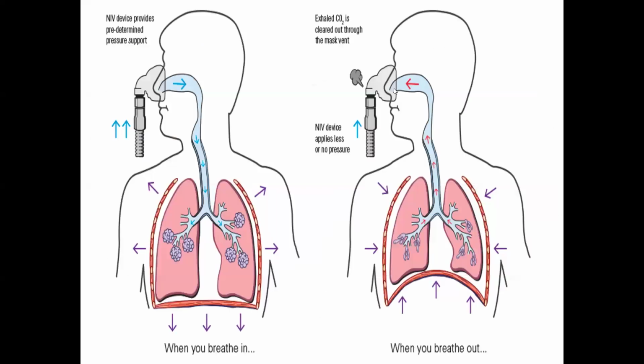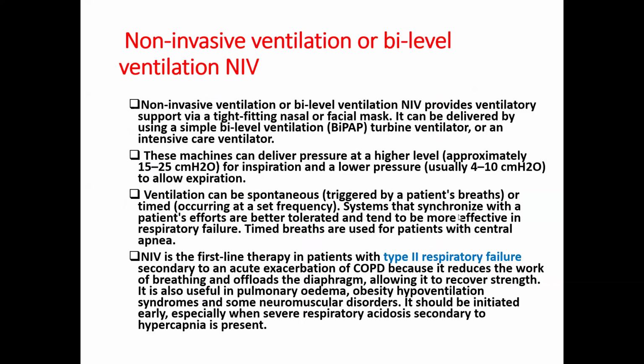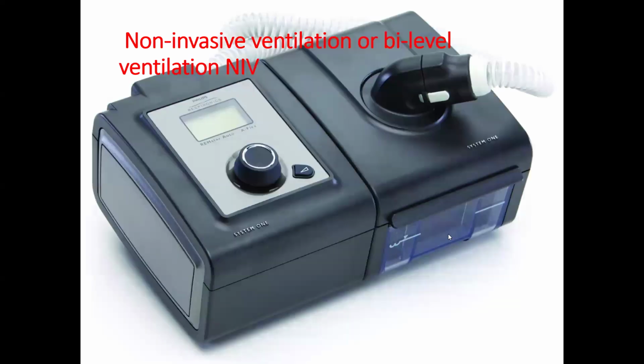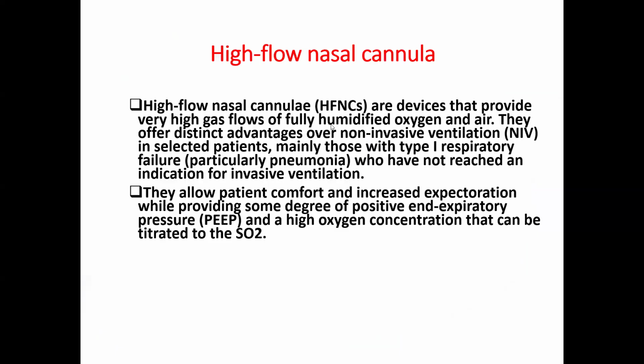Basically, you apply the pressure around the nose and the mouth, and this will keep the alveoli open upon expiration. There's another one called BiPAP. The BiPAP is mostly used for type 2 respiratory failure, where your CO2 is pretty high. All right. And this is from Respironics, and it's a BiPAP machine.